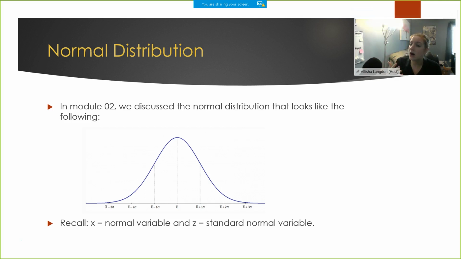But we also talked about our z variable, our standard normal variable. Now remember, with the standard normal, what was our mean? Our mean was 0, and our standard deviation was 1. Yes, very good. Awesome. I love that you guys remember this stuff. Perfect. So your standard normal was special, hence standard. That was our z.